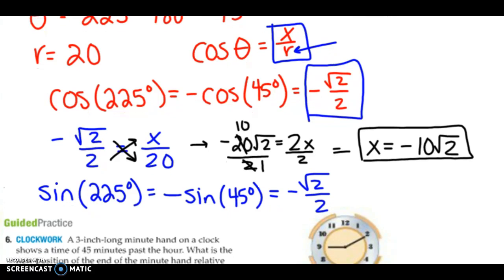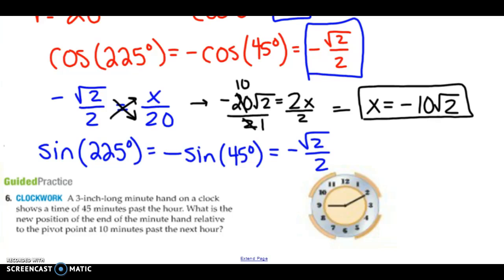The sine of theta is always y over r. So I'm going to set r at 20 and set them equal to each other, just like I did before. And so I'd say that negative square root of 2 over 2 is equal to y over 20.